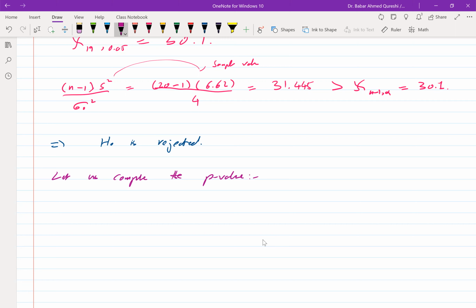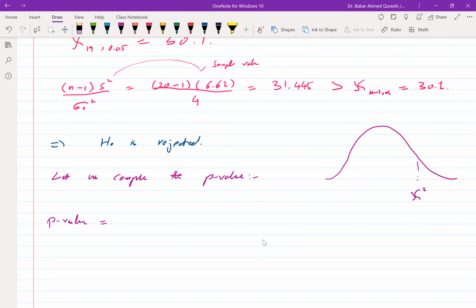So what would be the p-value? Assume that I'm going to take that chi-square. So you landed here for chi-square.